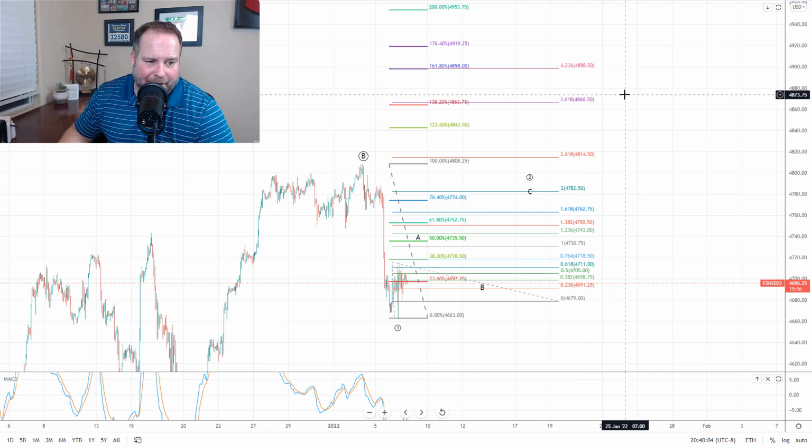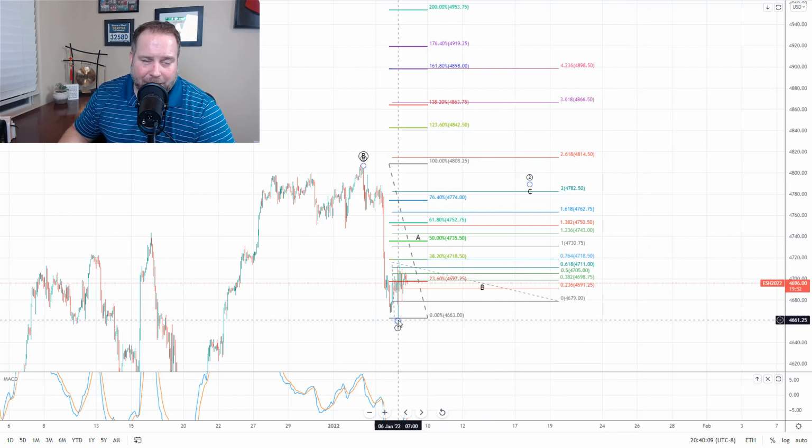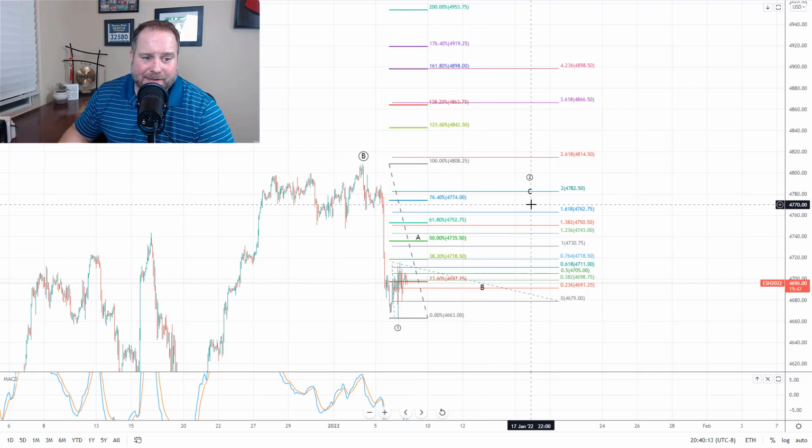in that ending diagonal. So just to recap, guys, both wave 2 and the ending diagonal will start exactly the same with an A, B, C up towards this 4774 area.